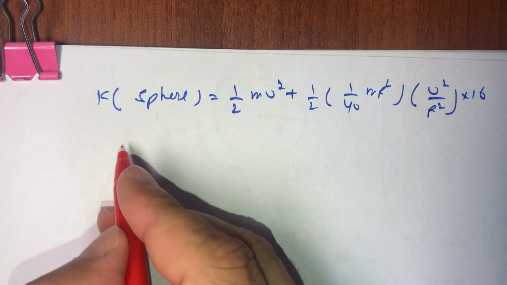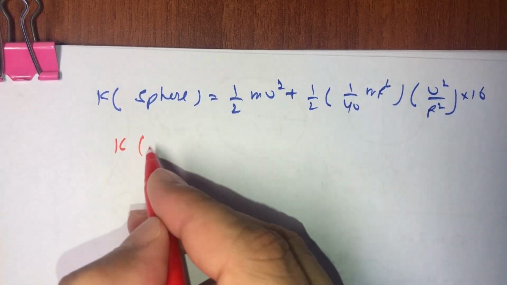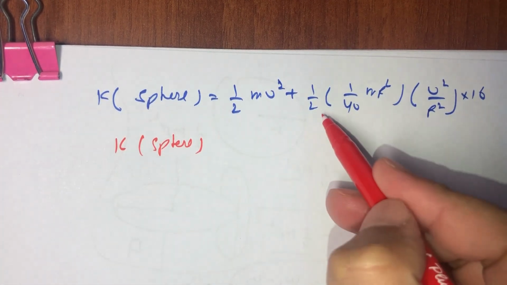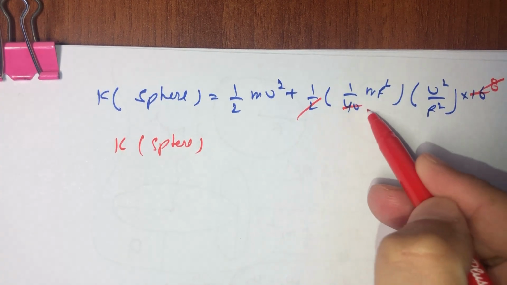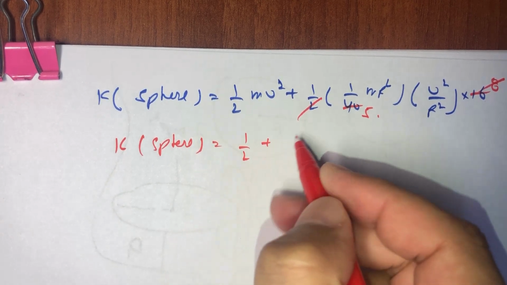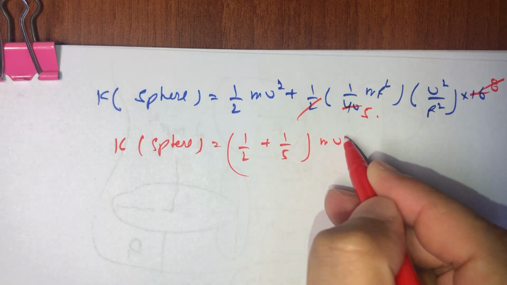If we solve it, we get 1 by 2 plus 1 by 5 mv square.